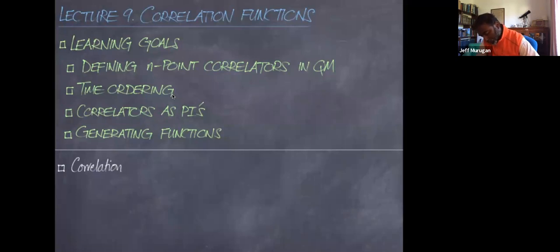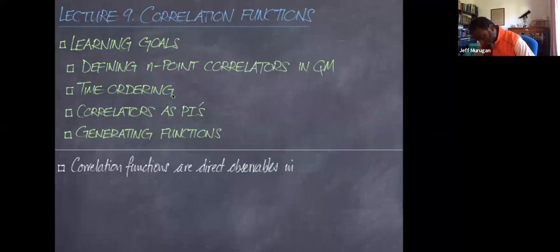Okay, so correlation functions are the direct observables in quantum mechanics and quantum field theory.